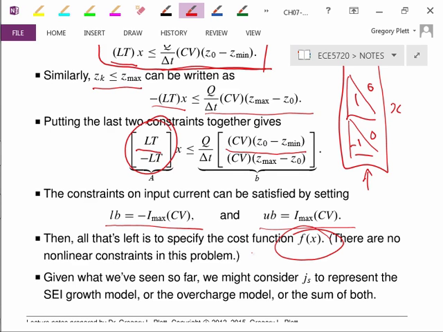But we were able to do some manipulations to the equations to come up with these matrices for A equality, B equality, A inequality, B inequality, and the lower bounds and the upper bounds. And we can specify a cost function. So in fact, the fast charge problem can be very readily written in a nonlinear programming framework. And then we just call fmincon.m.